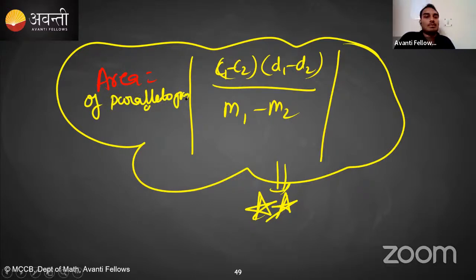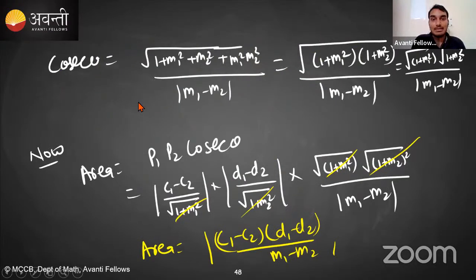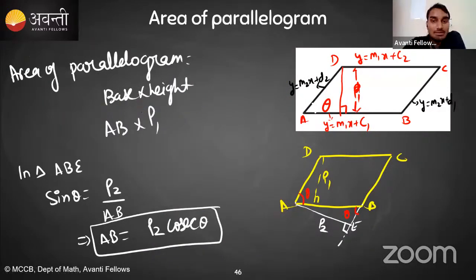Clear? So see what I did. Everyone please notice one thing here, that the lines of the parallelogram we assumed are in the form of y is equal to mx plus c.